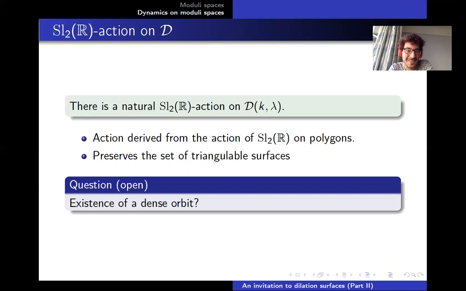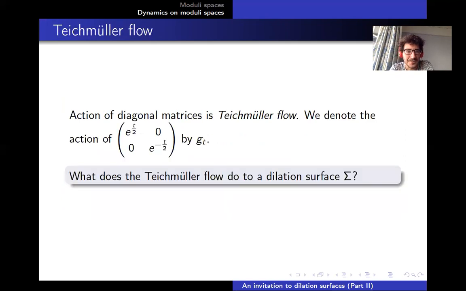And this question deserves attention, because a positive answer to it would tell us that there is some form of universality in parametrized families of dilation surfaces. It says a lot about the real affine geometry of these surfaces. Anyway, I don't want to dwell on that too much.